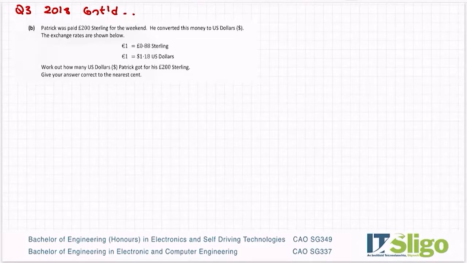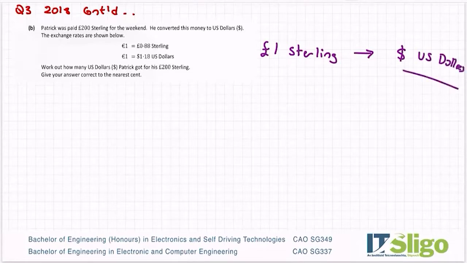Okay, in an ideal world, we would have £1 sterling and an exchange rate to US dollars. That would be lovely if we could go straight from sterling to dollars. But it's not that obvious that you can do that from this particular question. So the easiest thing to do is to go from sterling to euros and then from euros to dollars.